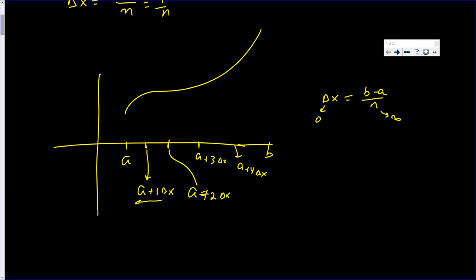So it doesn't matter if we include the first rectangle or not, because that area is going to be 0. And the last rectangle too is going to be 0. In fact, all the rectangles in a way are going to have 0 area.